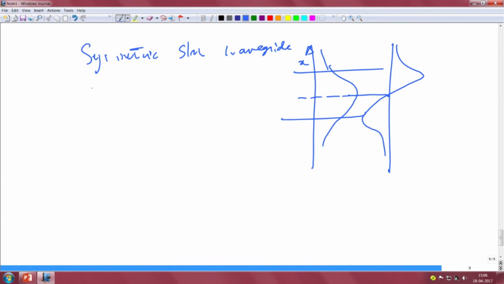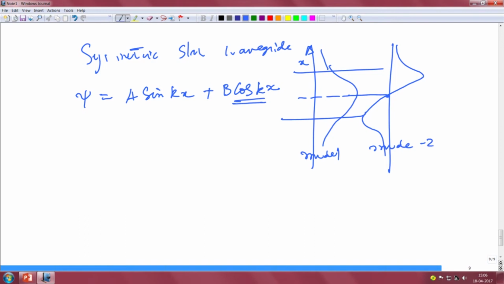So, by looking at the solutions that we have, psi equals a sin kx plus b cos kx. For the case of mode 1, we can say that this is like a cosine field, and for the second mode, you can say that the field is like sine.